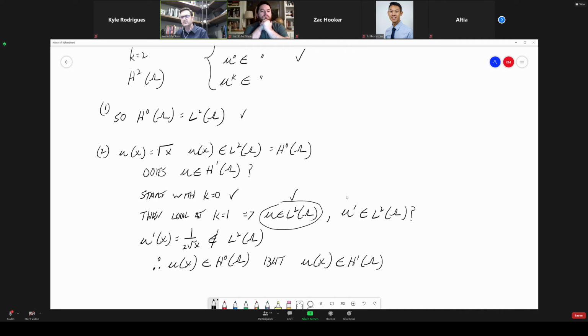Then we look at u of x equal to the absolute value of x on minus 1 to 1.